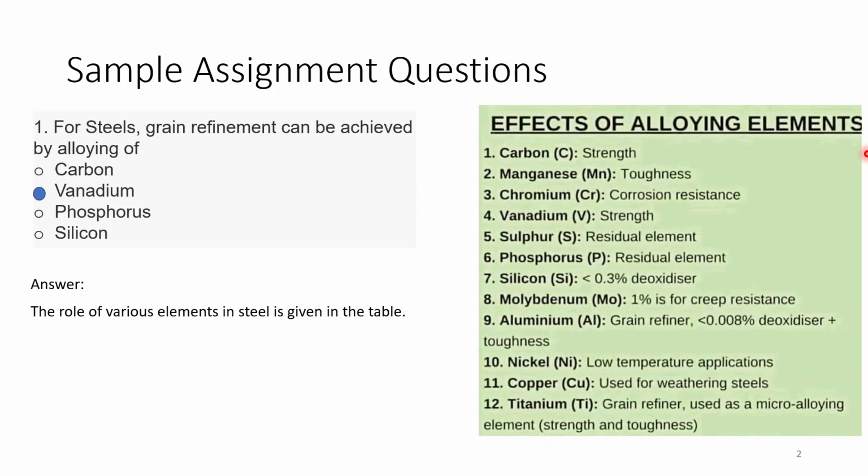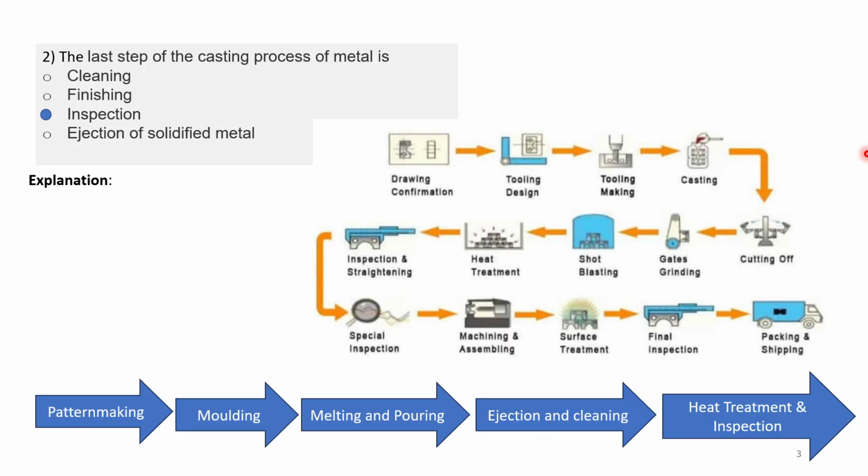Next question is, the last step of the casting process of metal is? The answer will be inspection. Next question is related to chills.